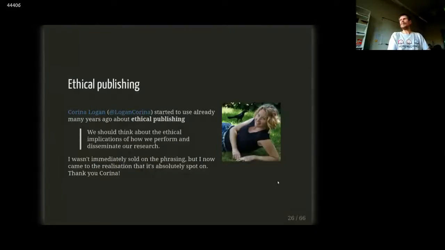And I have to admit that the first time I heard the phrasing, I was not convinced about whether ethical was the right term, but I have come to the realization that it's actually spot on. So if we are unsure about what open science means, well, maybe thinking about it in terms of ethical aspects will bring us a way forward.